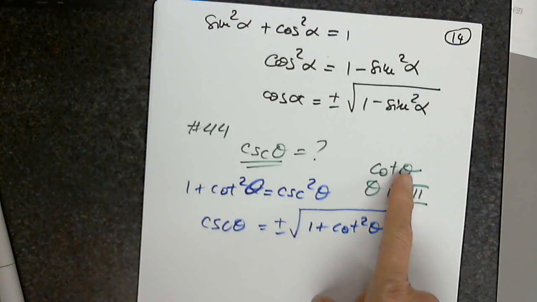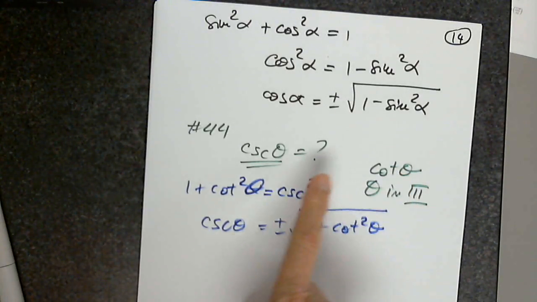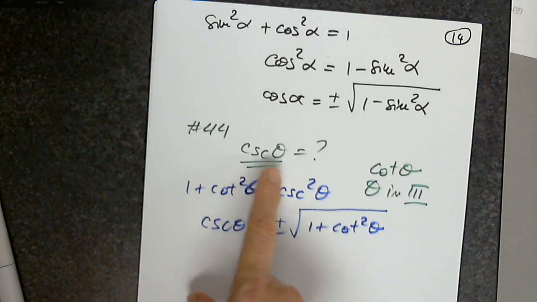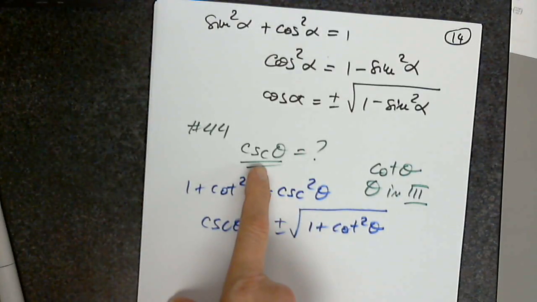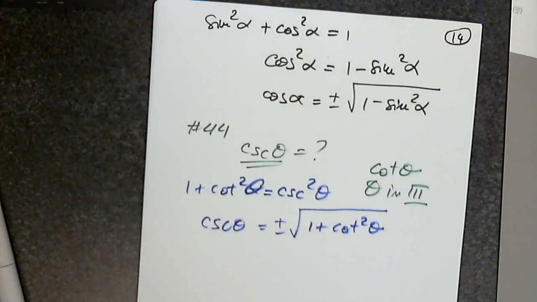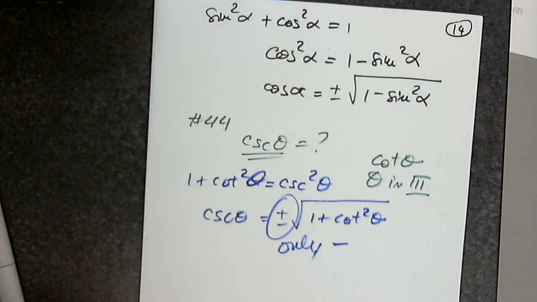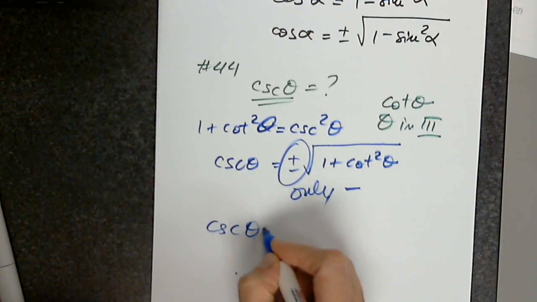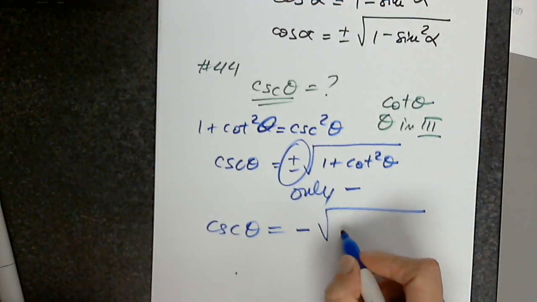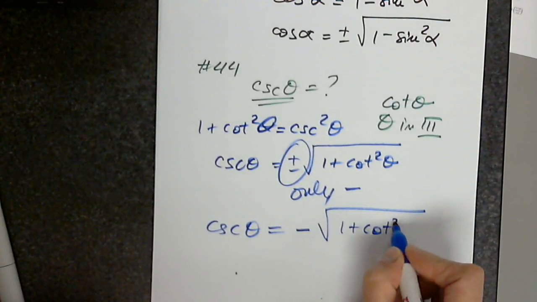So cosecant is 1 over sine, right? So theta is in the third quadrant, and cosecant will have the same sign as sine. Negative indeed. So I will say only negative. So then cosecant theta equals negative the square root of 1 plus cotangent squared.